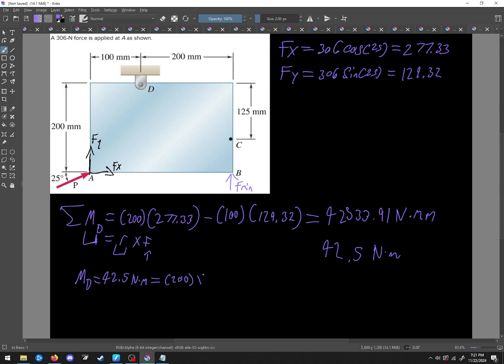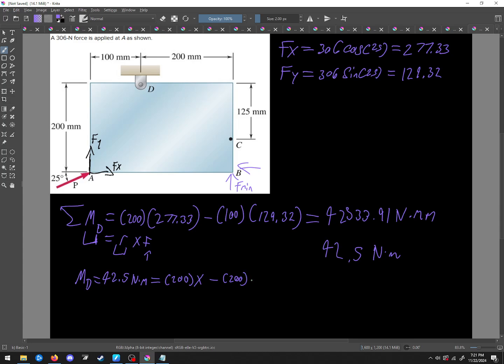We're going to have 200x, and that's going to be counterclockwise, so it's going to be positive. And then we're going to have maybe an x value here, because this was y, it's the variable x, but it's direction y. This pushing it would be minus 200.